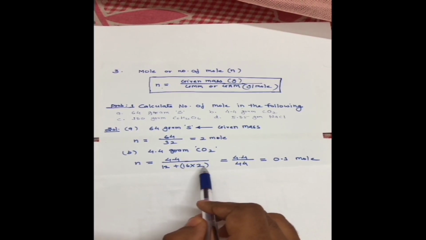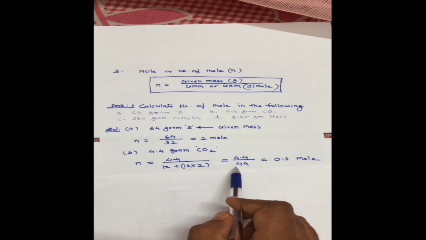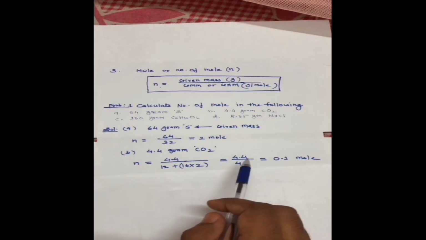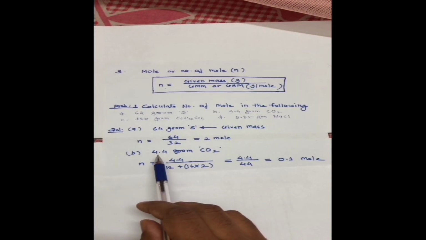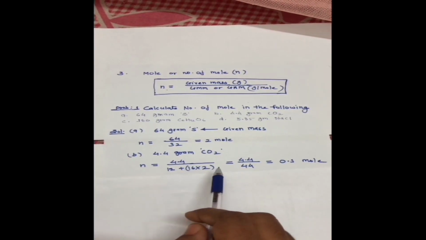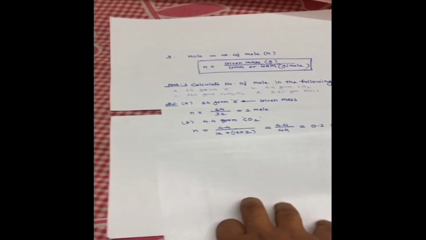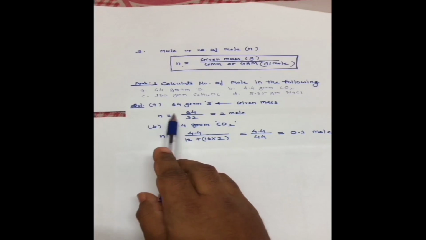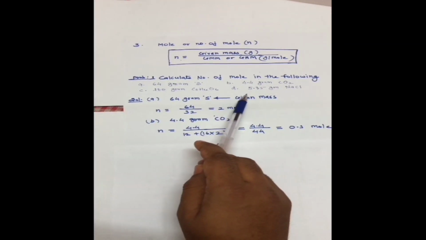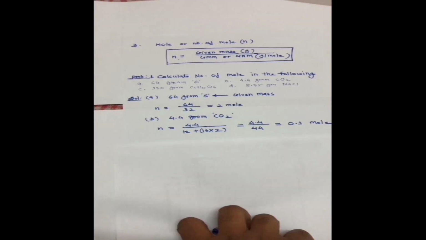Now 16 into 2 is 32, plus 12, it is 44. Now 4.4 divided by 44, the answer is 0.1. 4.4 is the given mass of carbon dioxide and 44 is the gram molecular mass of carbon dioxide. Similarly, you can calculate the number of moles for 180 gram glucose and 5.85 gram sodium chloride.